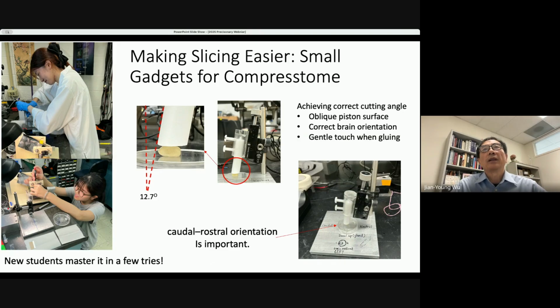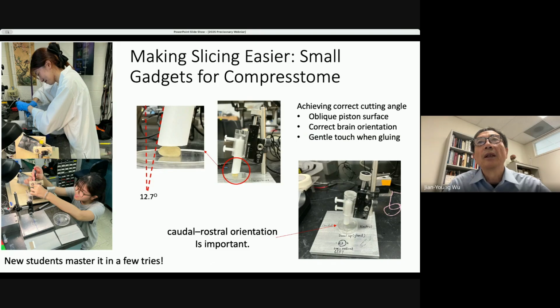This breaks those steps up into several simple steps, so the students like to use it because each step is relatively easy.